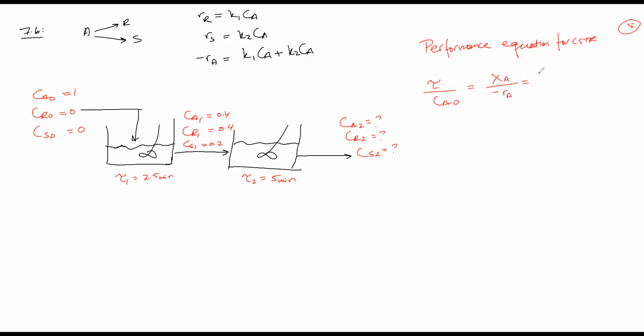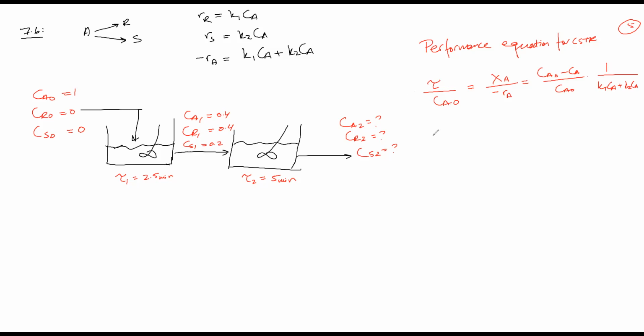And this is basically equal to Ca naught minus Ca over Ca naught multiplied by minus Ra, which is this expression, 1 over K1 Ca plus K2 Ca, right? And again, this is the performance equation with respect to A.